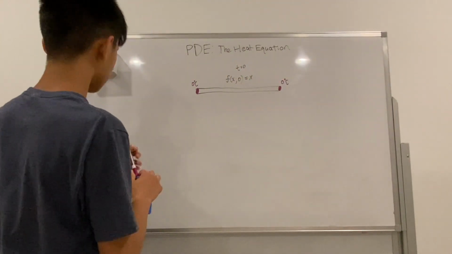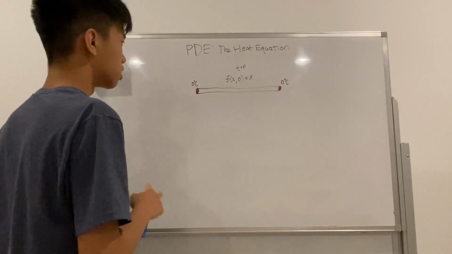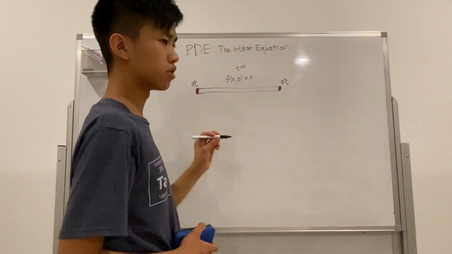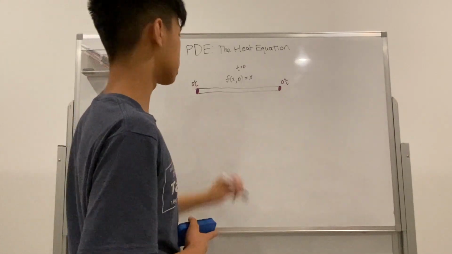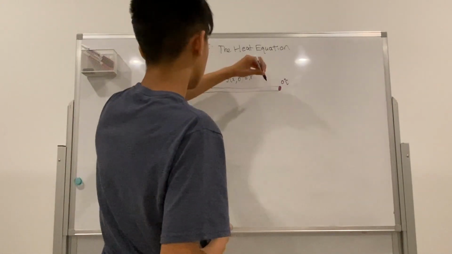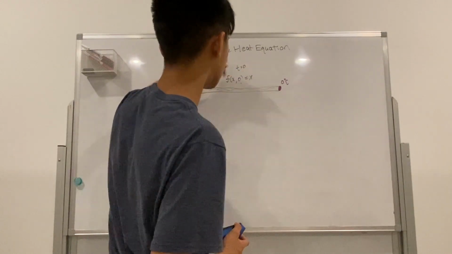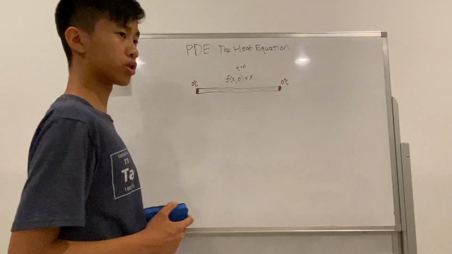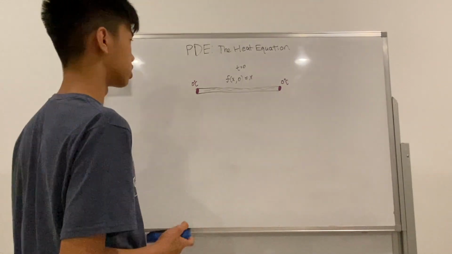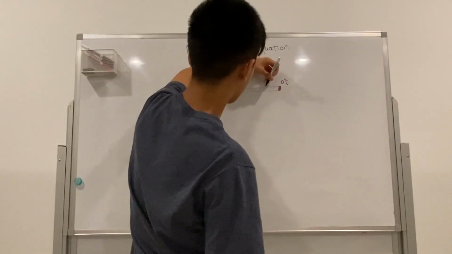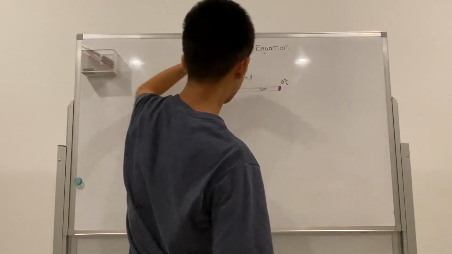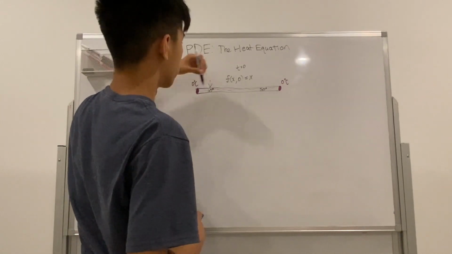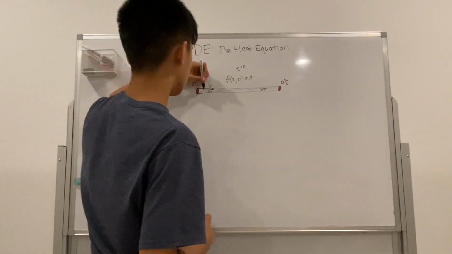Well, since the function f of x at time 0 equals f of x, there's not a constant temperature distribution throughout this bar, and it's not like temperature stays constant over time either, because there's going to be 50 degrees here, 10 degrees here, and this point in the bar is affected by the other points.